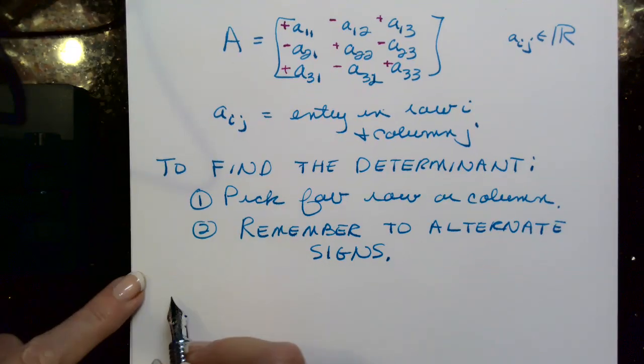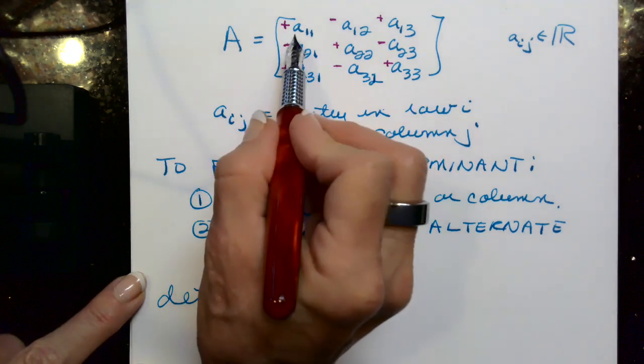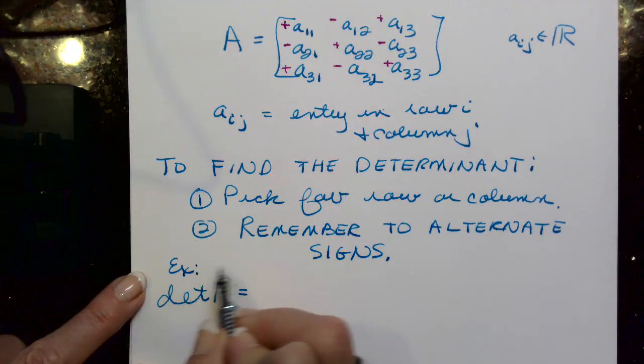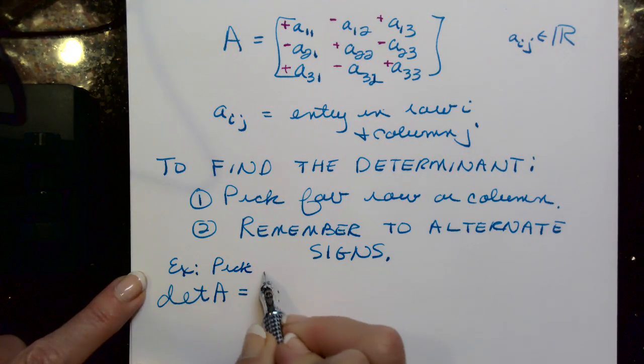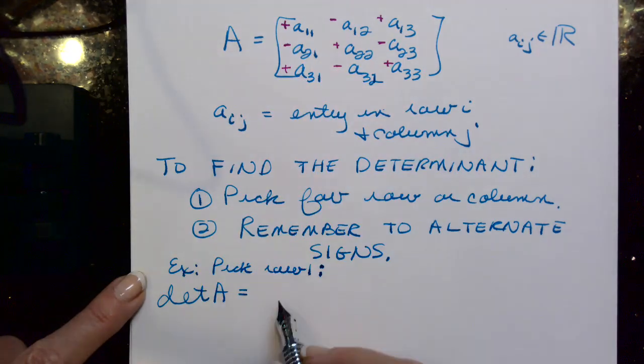Okay, and now the way you write the determinant of a 3x3 matrix is you pick, let's say in this example, we'll pick row 1. But you could pick any row or column. So now I pick the first entry there, A11.